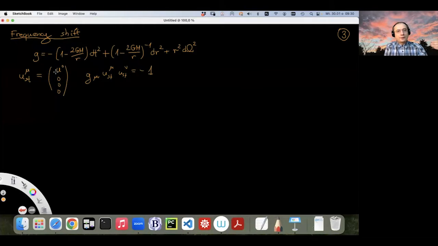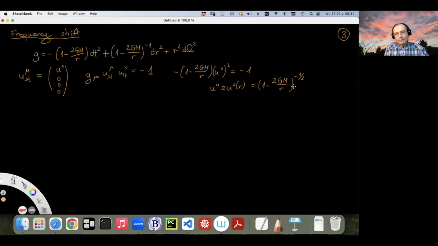That's the normalization condition for velocity. There is no motion in the radial or in the azimuthal directions. So what we get is -(1 - 2GM/r) (u^0)^2 is supposed to be equal to -1, which means that u^0 actually depends on r, where we put our observer. That's (1 - 2GM/r) to the power of -1/2. Again, that's something that diverges as r approaches 2GM, the Schwarzschild radius singularity.